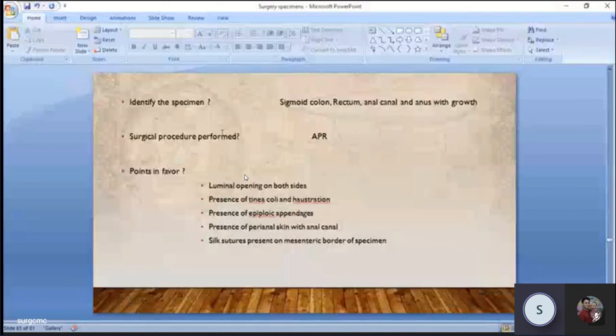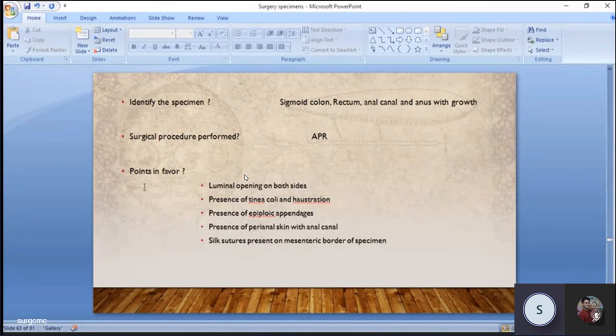So what surgical procedure has been done? Abdominoperineal resection, for rectal carcinoma and anal carcinomas, also known as Miles procedure. Points in favor are luminal opening on both sides and skin attached on one side.